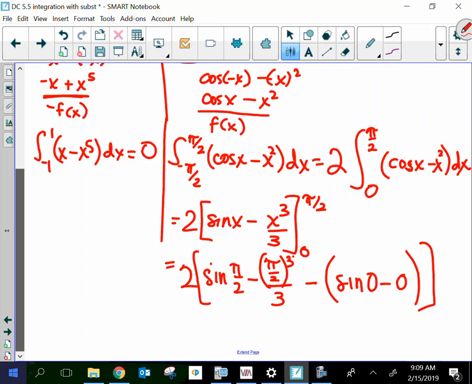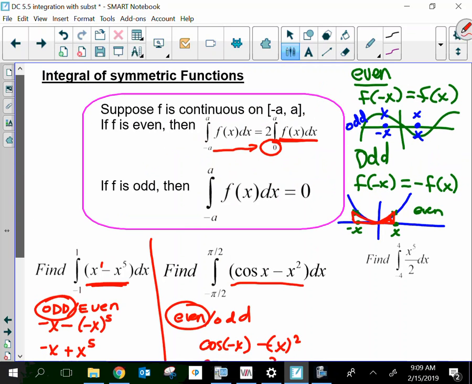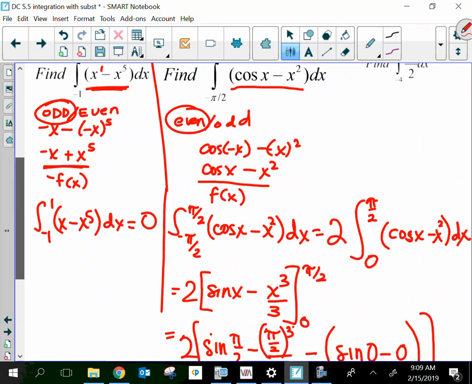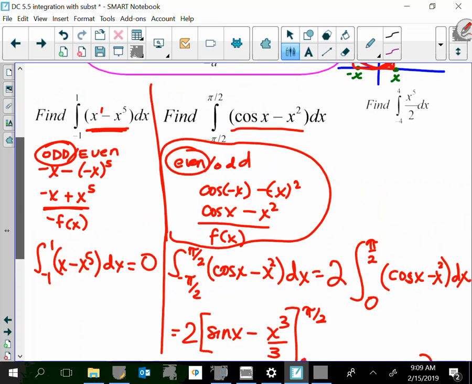All right, did I lose anybody in a minute? So I have a question. Go for it. Why is cosine of negative x? Well, this is just to check whether it's even or odd. That's not the function, because that's an even function, Lauren. Sorry.